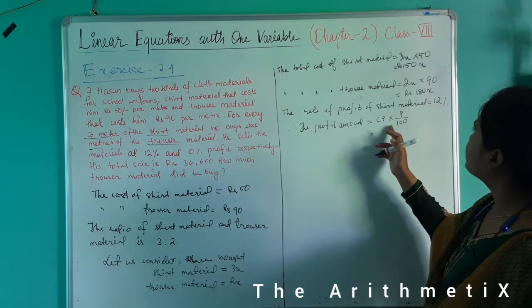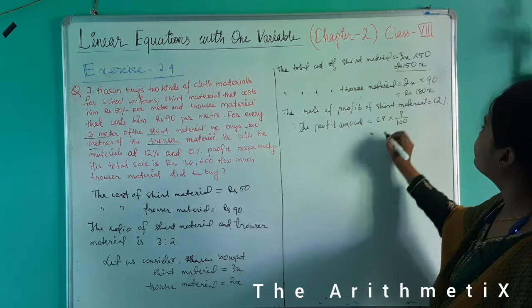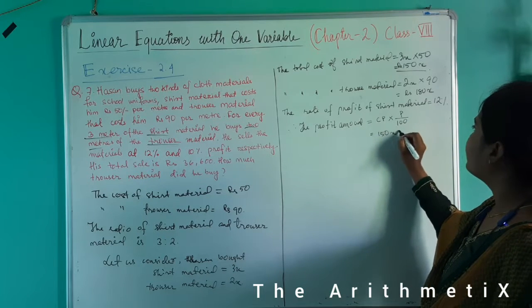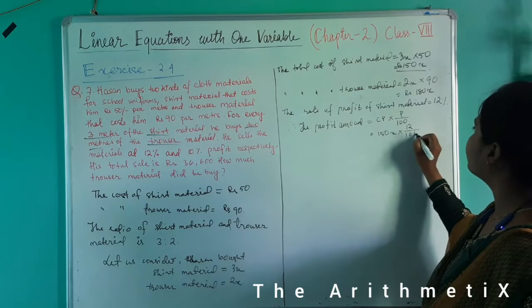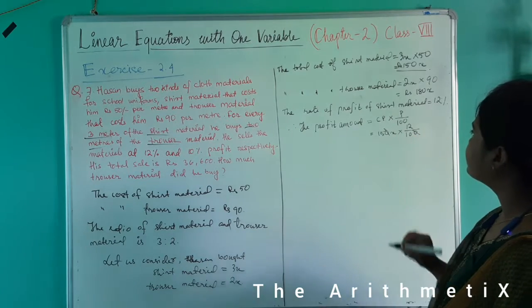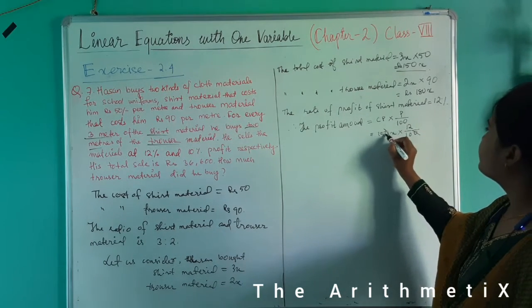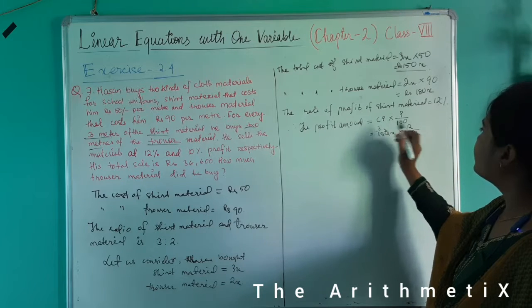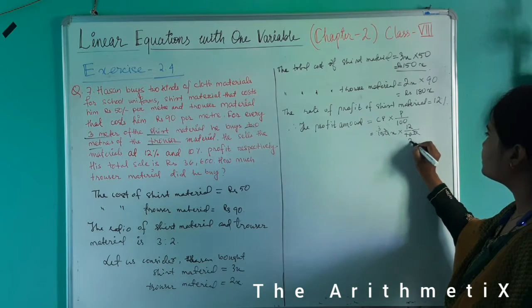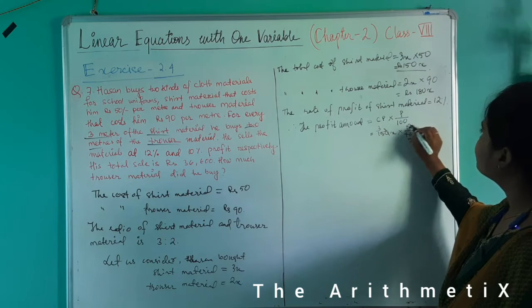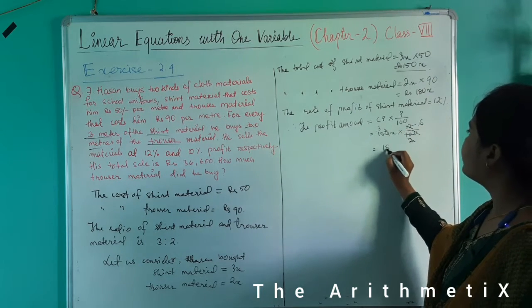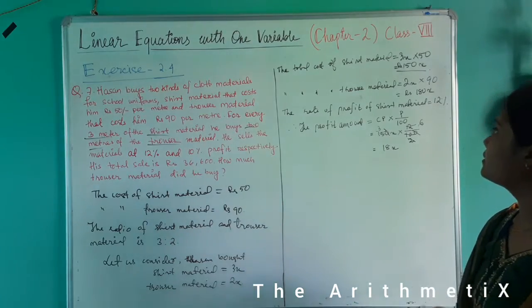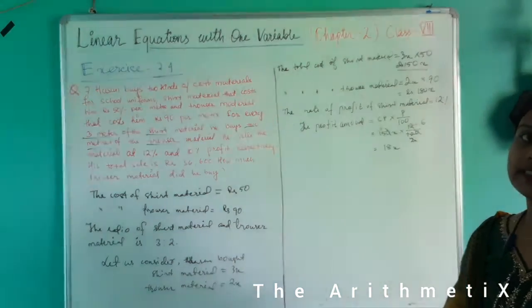So the cost price is 150x into 12 by 100. So zero is cancelled. Cancel 15 with 5, that is 3. Cancel 10 with 5, that is 2. Cancel 2 with 12, that is 6. So 3 sixes are 18x. So the profit amount for shirt is 18x.